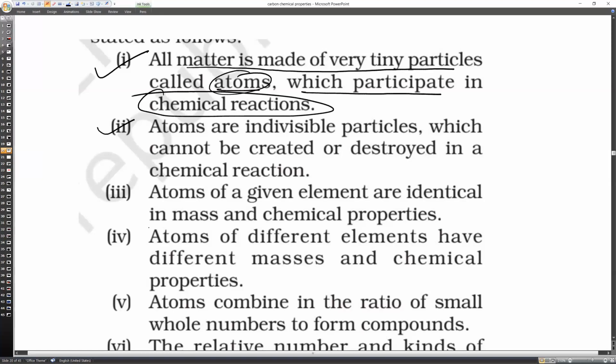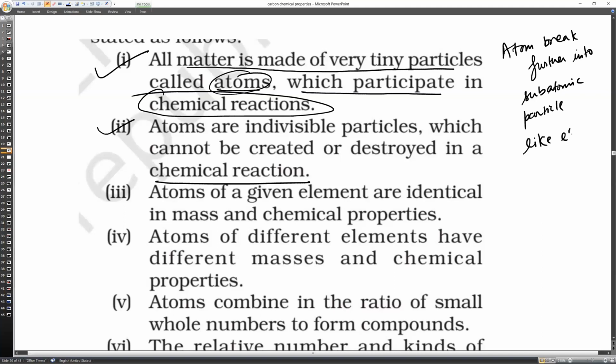Some teachers say that atoms can be further broken. It is a drawback. But atoms do not break in a chemical reaction. So if it is written here "in the chemical reaction", it is correct. Atoms break further into subatomic particles like electrons, protons, and neutrons.